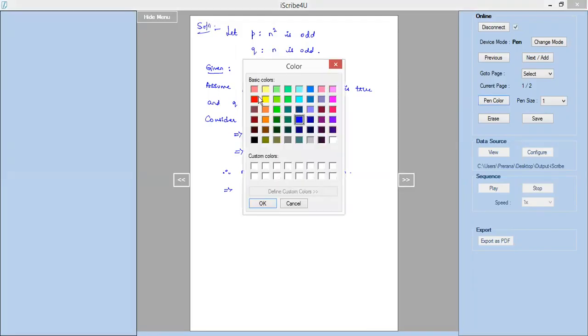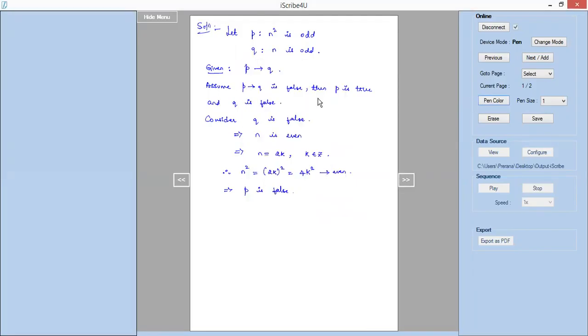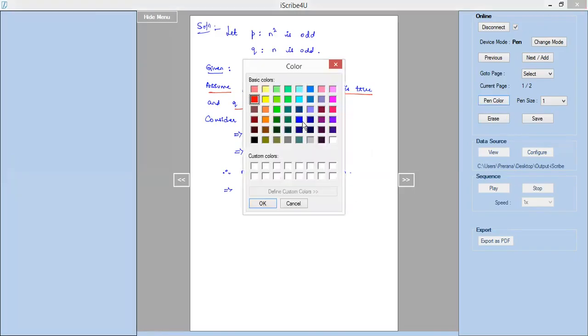We assumed P conditional Q is false, then P is true and Q is false. Correct? 1, 0 gives us 0. That is why P conditional Q is false means P has to be true and Q has to be false. According to the assumption, P was supposed to be true, but we have arrived at P is false. So this contradicts the assumption that P is true.